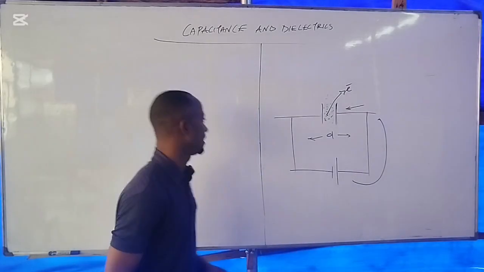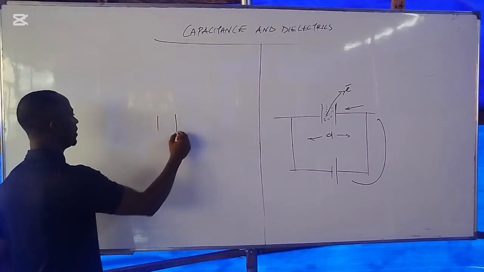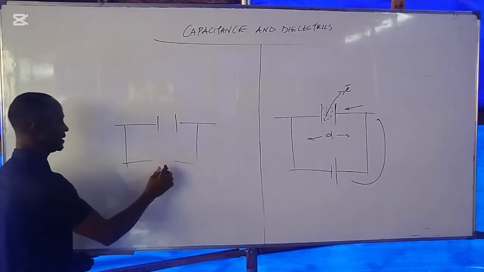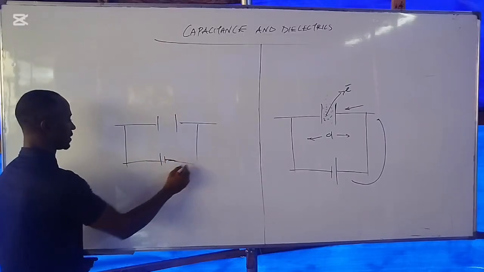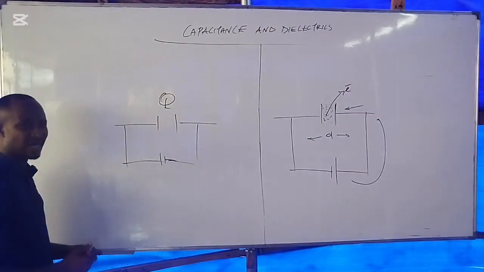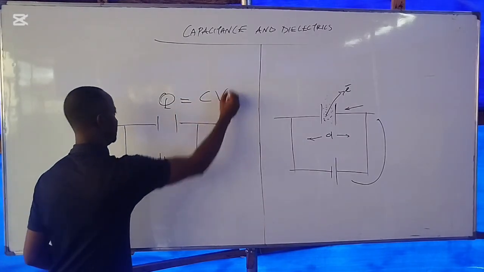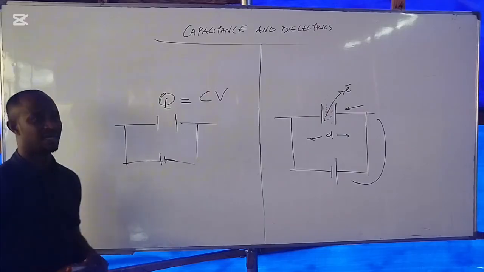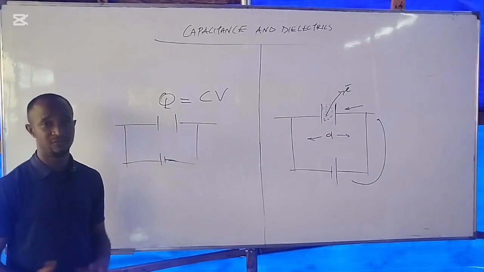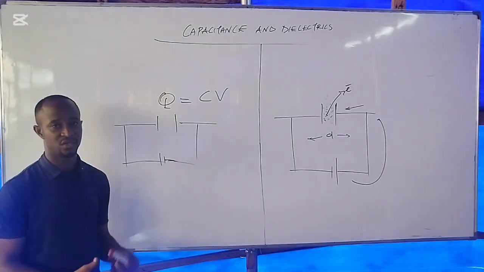All right, guys. So let's look at how we can calculate. Don't forget that if we have a capacitor connected to an external source called the battery, the charge acquired by the capacitor is equal to CV, where C represents the capacitance of the capacitor measured in farad, V represents the voltage measured in volts, while Q represents the charge measured in coulomb.